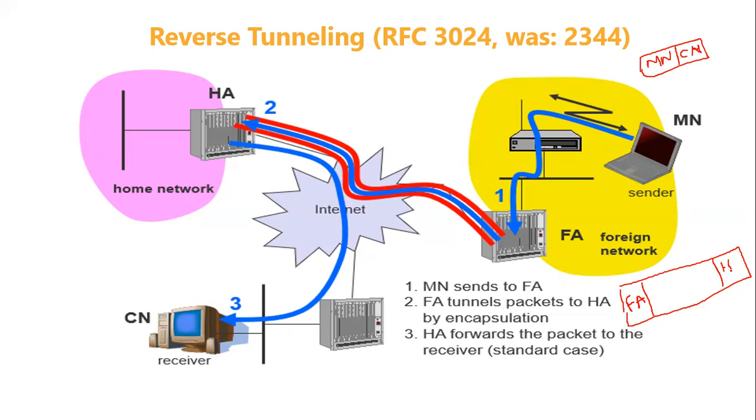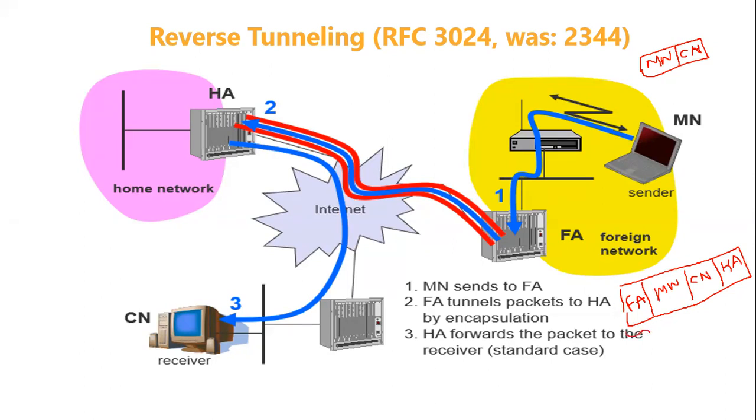Inside this bigger packet, the packet that was sent by the MN will be encapsulated, which has the source IP address as MN and the destination IP address as CN.